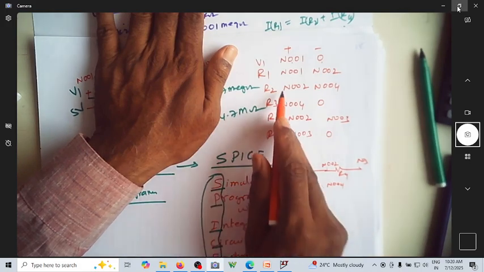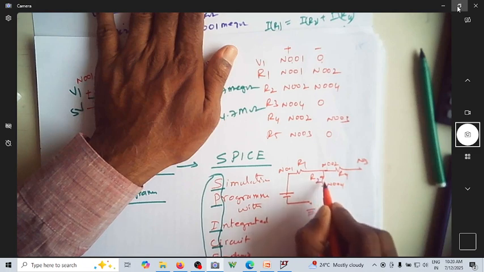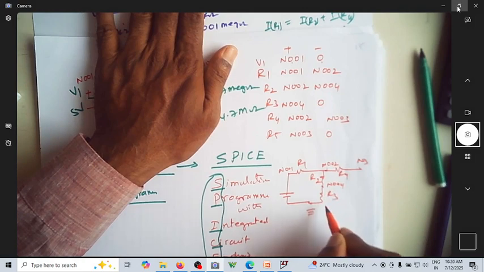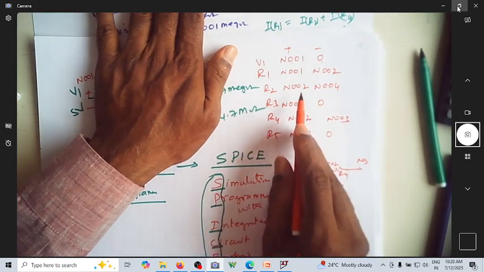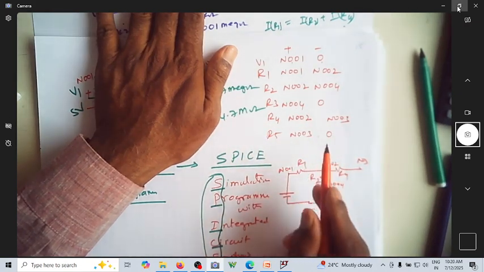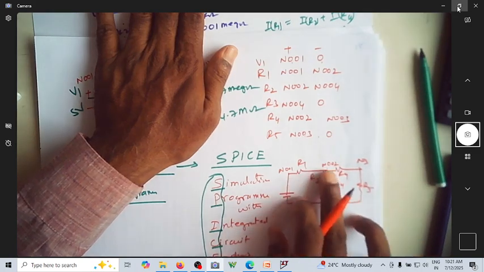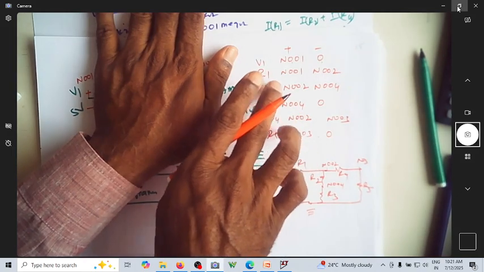Between 2 and 4 you have R2. Between 4 and 0 you have R3. R5 is between N003 and 0. So this is how we have constructed the circuit diagram looking at the netlist.